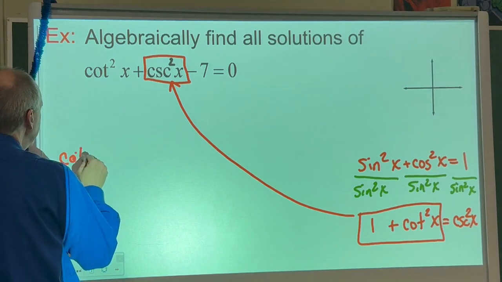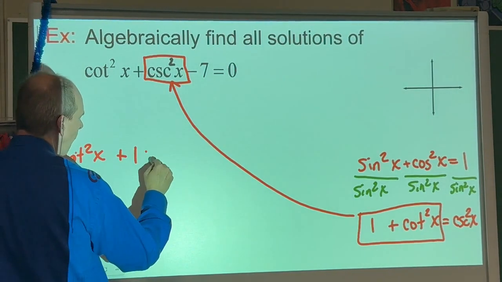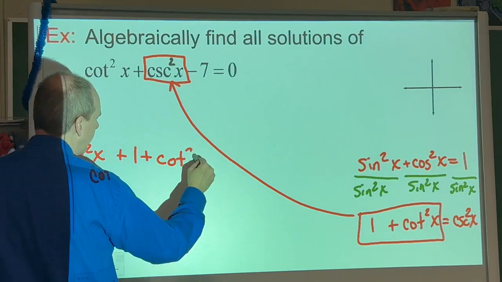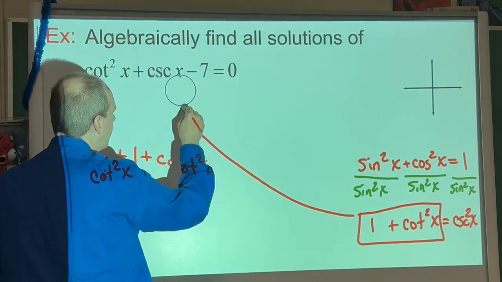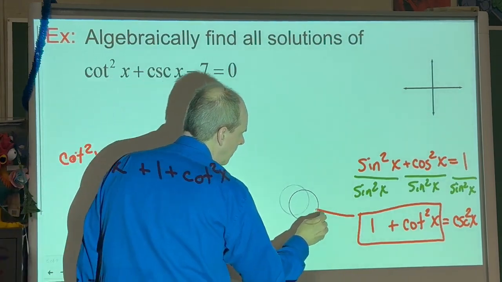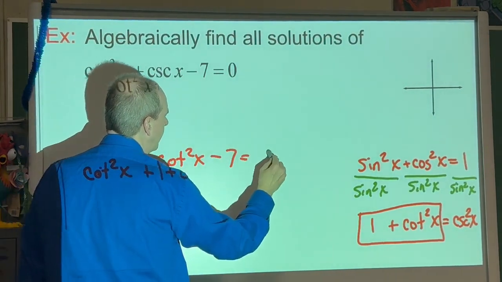So, cotangent squared of x plus, substituting in, 1 plus cotangent squared of x minus 7 equals 0.